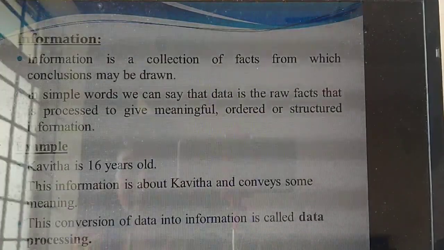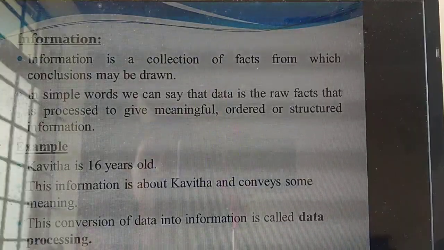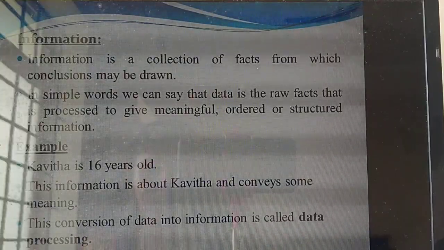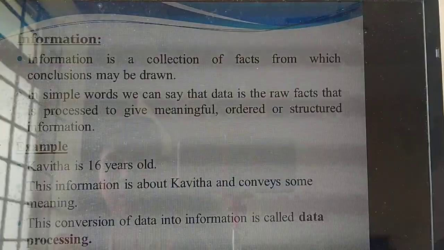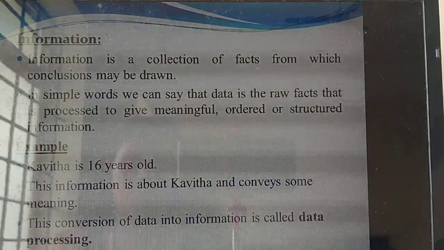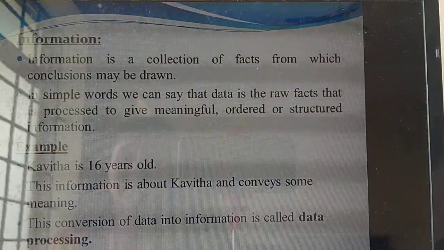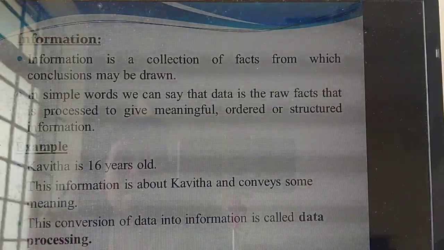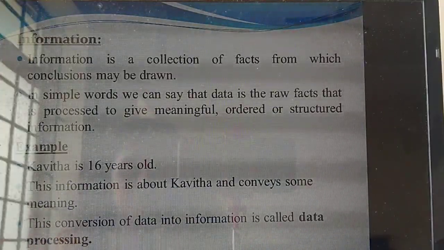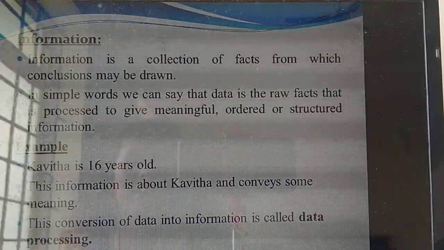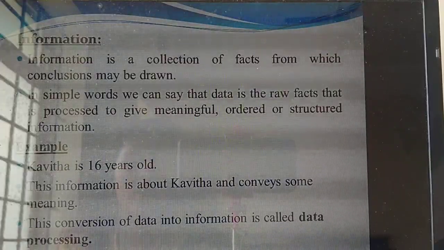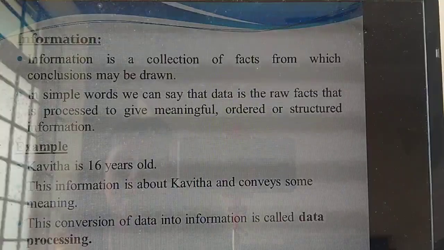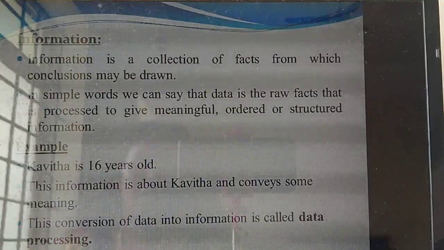Understand? Yes. So next one is information. First we studied data. Next is information. What do you mean by information? Here, information is a collection of processed facts. That means you collect related things and from those related things you make some conclusions.